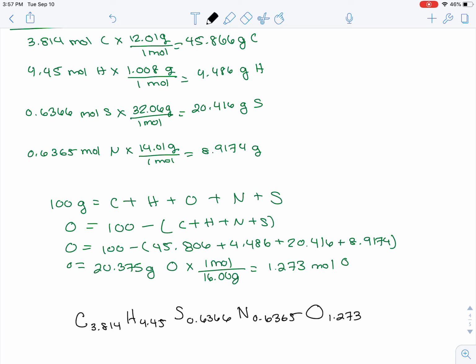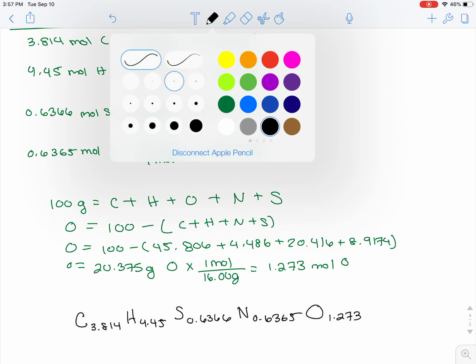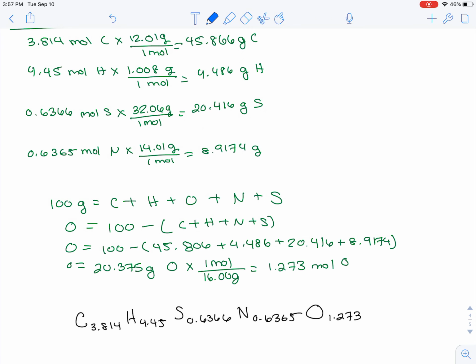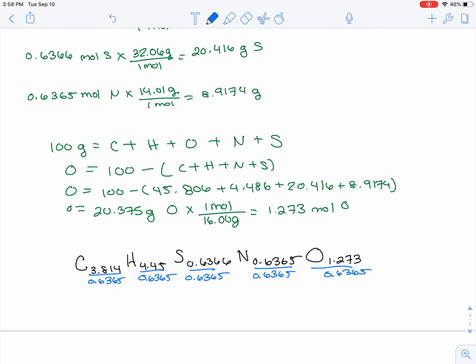We want the empirical formula, so we divide each by the lowest number, which is 0.6365. And the formula will be C6H7SNO2.